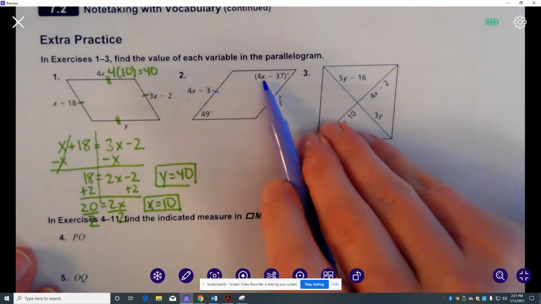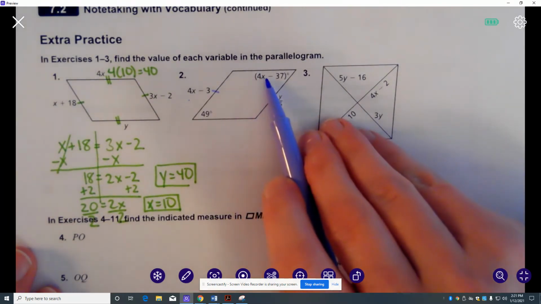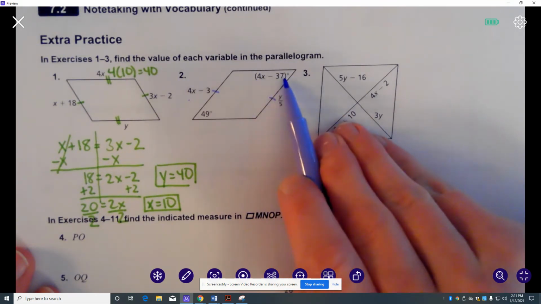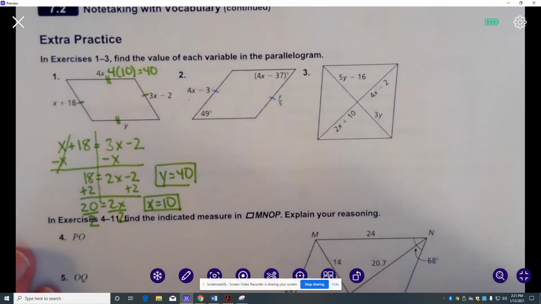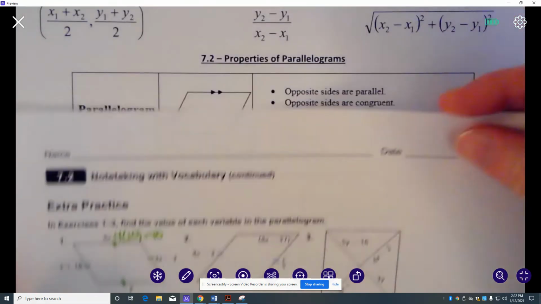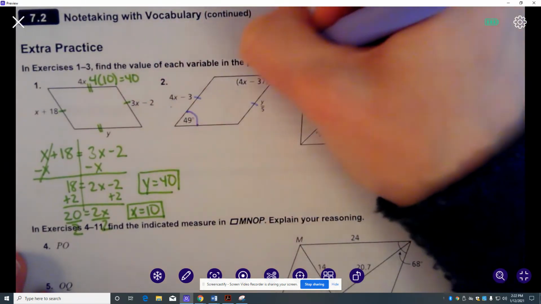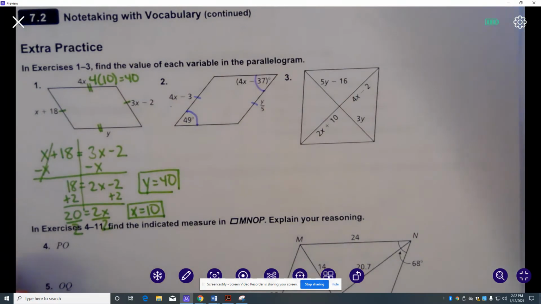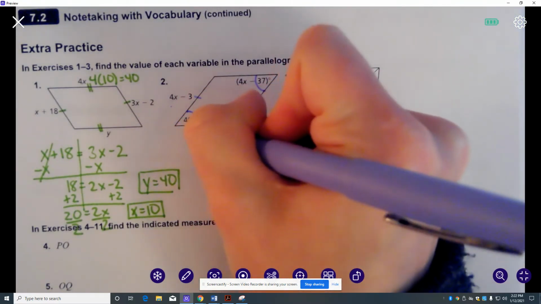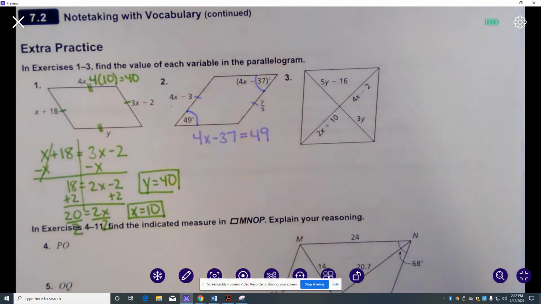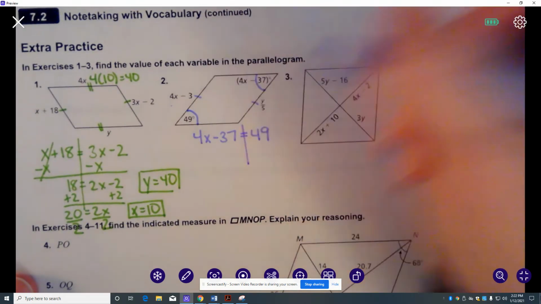So now let's look at the angles. We want to figure out what's the relationship between this angle, 4x minus 37 degrees, and 49 degrees. Well, in our list of properties, we said opposite angles are congruent. So this angle is congruent to this angle. They are equal in measure. I can set up an equation: 4x minus 37 degrees is equal to 49 degrees. Let's go ahead and solve for x.